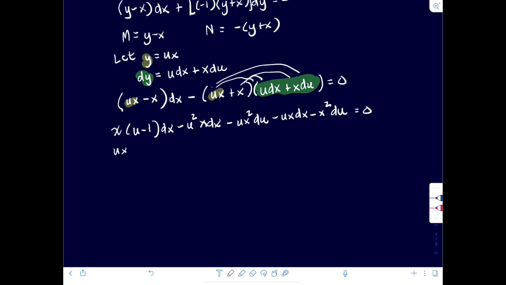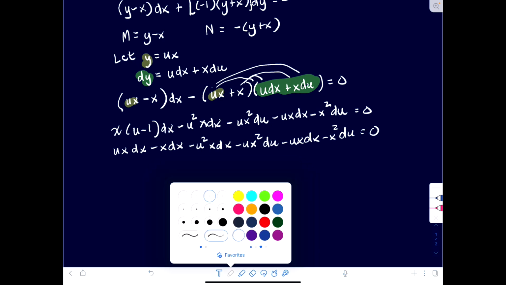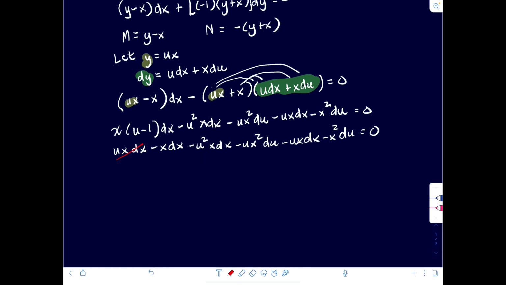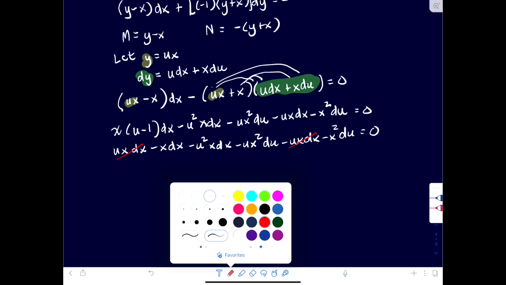So let's see if any of this will zero out. I'll just bring it back in, sorry. ux dx minus x dx minus u squared x dx minus ux squared du minus ux dx minus x squared du is 0. Now the ux dx's zero out, so that's nice.